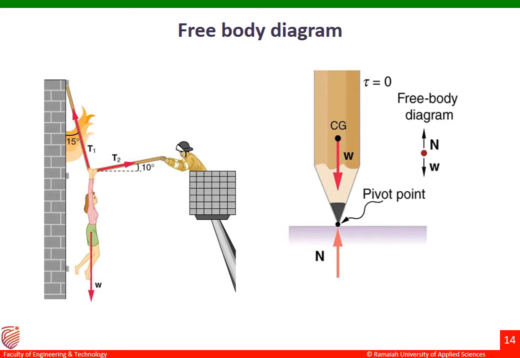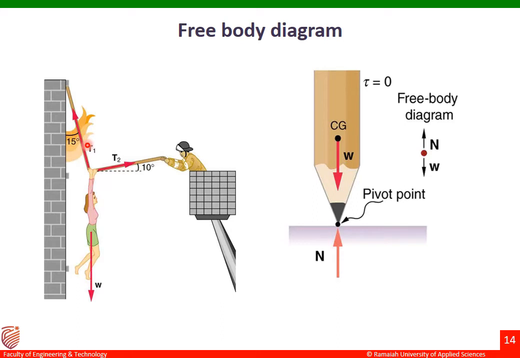Here you can see there is a rope tied to the wall. Okay, and then there is one person holding the rope towards the right hand side of this platform. And then one more person is hanging from that same wall. So you can see here the weight of this person is coming downwards.